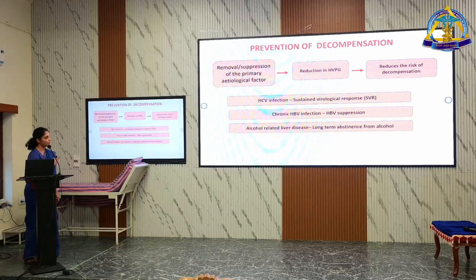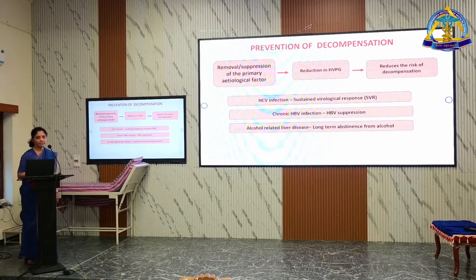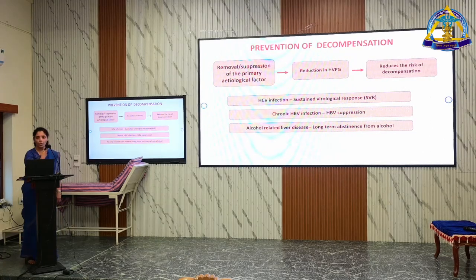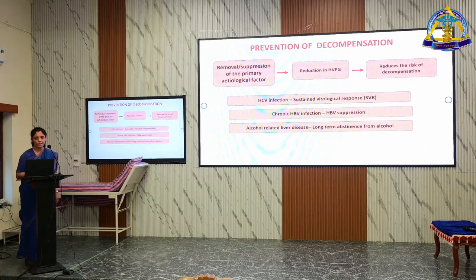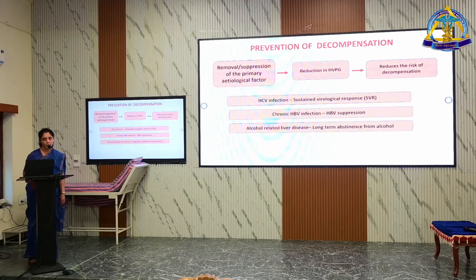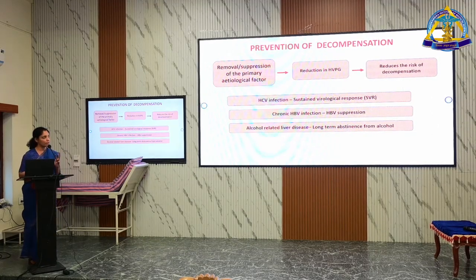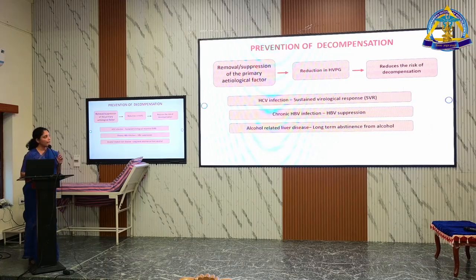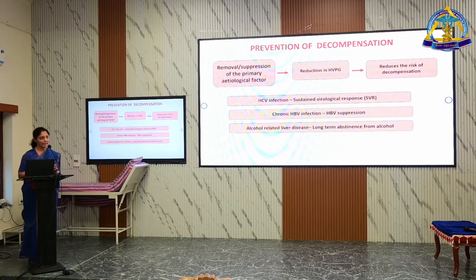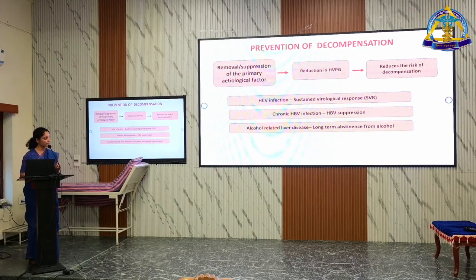Regarding the most common etiologies, for HCV infection we have the direct-acting antivirals, and we can always aim at a sustained virological response. What is sustained virological response? We treat the HCV according to the stage for either 3 months or 6 months, and then at 1 year the patient is free of the virus. That is called the sustained virological response.